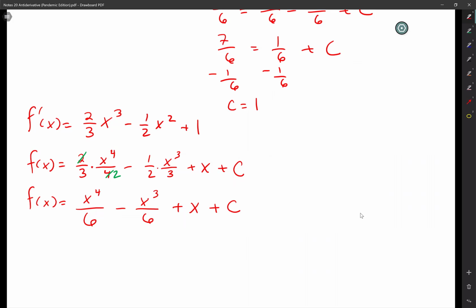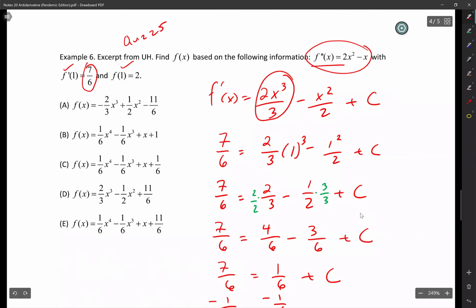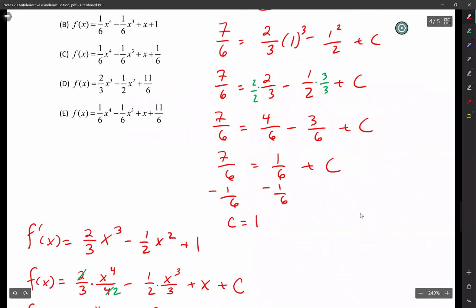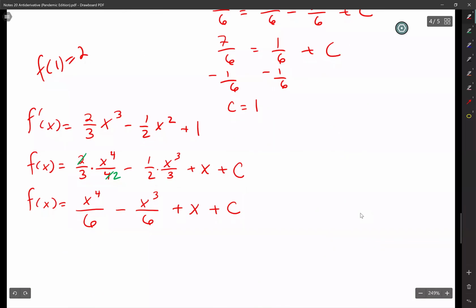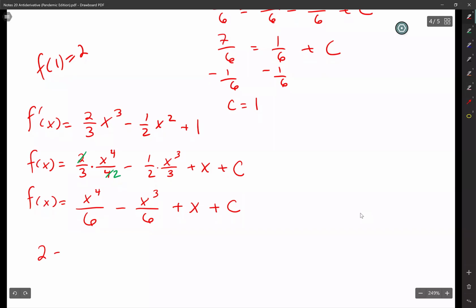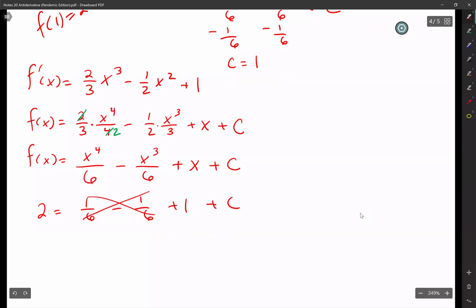Okay? I come back. They give me f of 1 equals 2. I'm going to put it right here so I can reference it really quick. So I'm going to write 2 equals 1/6 minus 1/6. It looks like they're being really nice to me here. Plus 1 plus c. The 1/6s cancel out. So 2 equals 1 plus c. So that means c equals 1. They're being very generous.